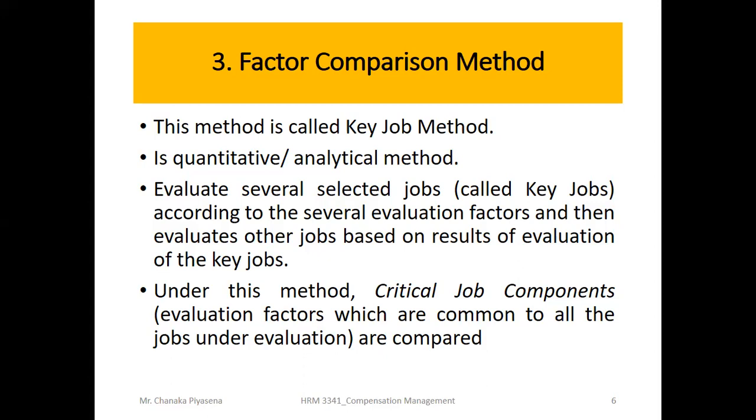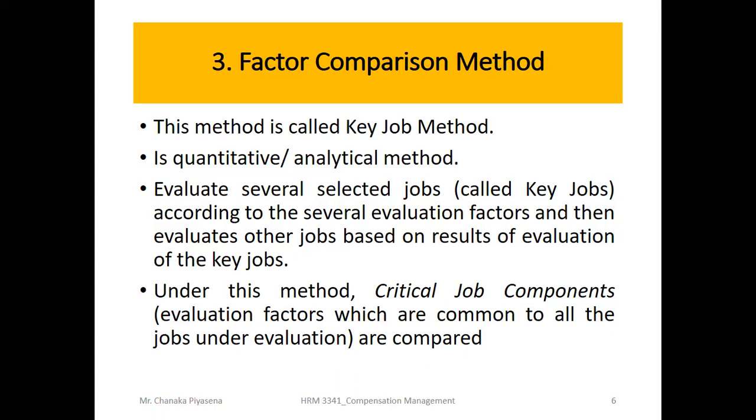Here, we are using key jobs. Firstly, we use several selected jobs. Then we use several selected evaluation factors. Factors mean criteria. We are going to identify the relative worth of the jobs.